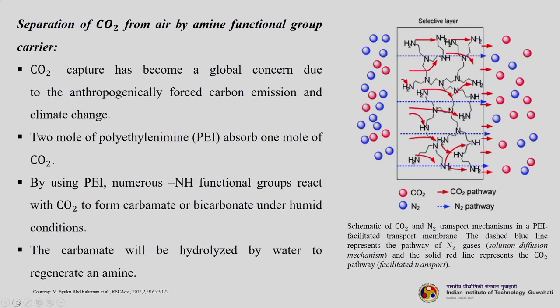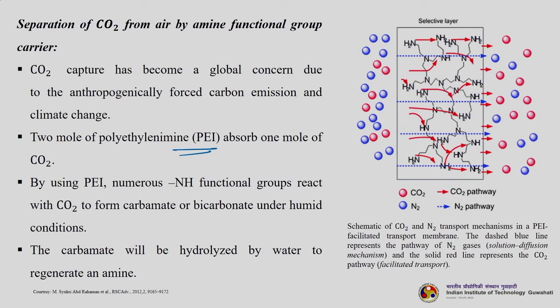Another example is separation of carbon dioxide from air by an amine functional group carrier. Carbon dioxide capture has become a global concern due to anthropogenically forced carbon emission and climate change. Two moles of polyethylenimine absorb one mole of carbon dioxide. This is the membrane material.